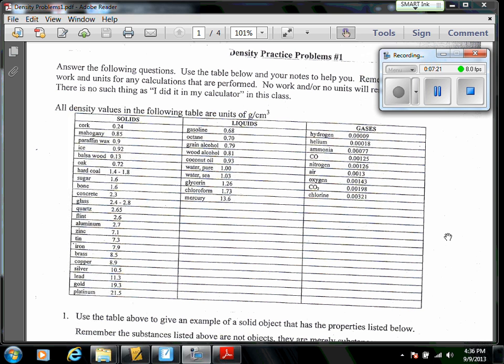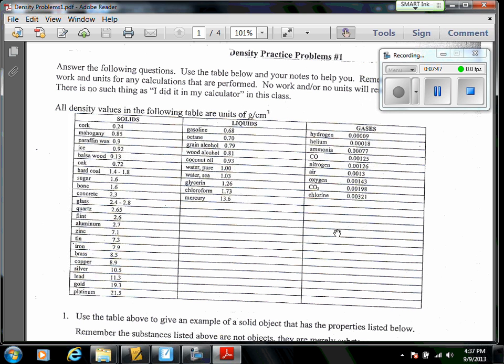So what you're to do is use the table to give an example of a solid object that has a low density and a small volume. So a low density with a small volume. You would go through and find ones that have a low density.